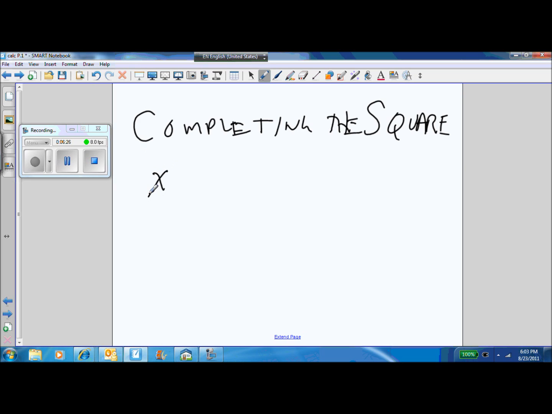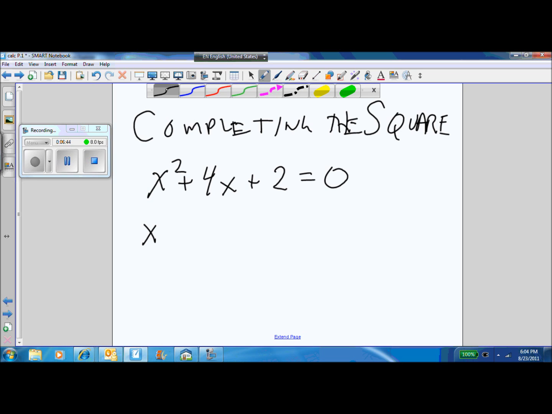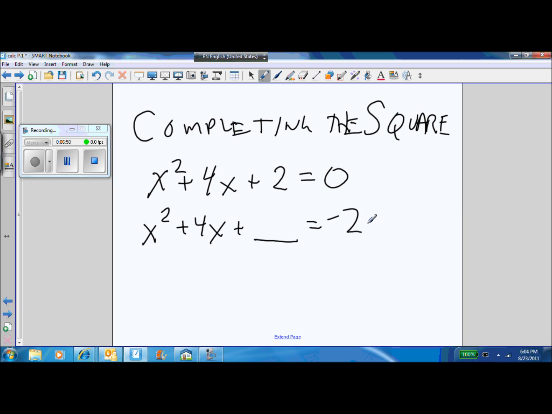So when you've got something like x squared plus 4x plus 2 equals 0, that doesn't quite factor. Factors of 2 are 1 and 2, and those add up to 3, not 4. But if we just keep the x squared part and the 4x part, put a little blank here, and put the negative 2 on the other side, we can add just that certain something to both sides so that the square is completed.